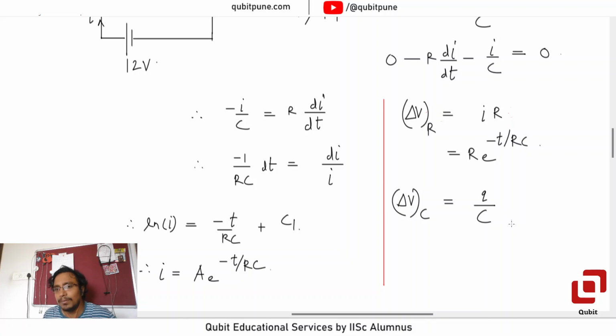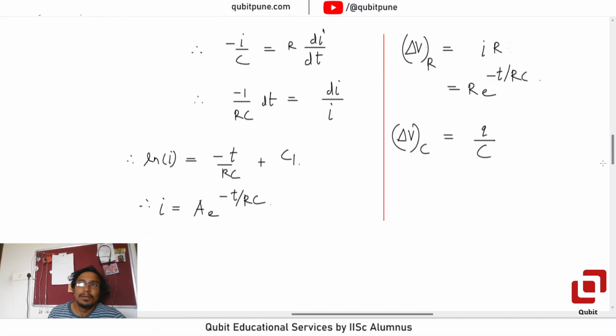Q by C is a formula. Now how will you proceed further? Sir, we'll find it. Integration. Integration of what? Current. So we'll write Q as Q naught times 1 minus e raised to negative t over RC. How did you get this?